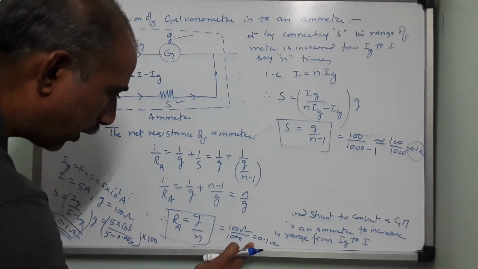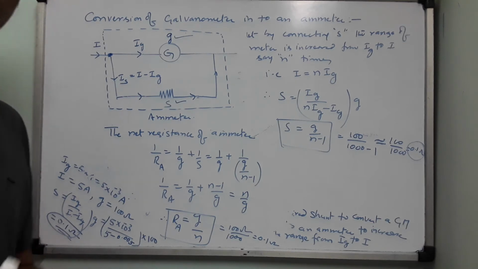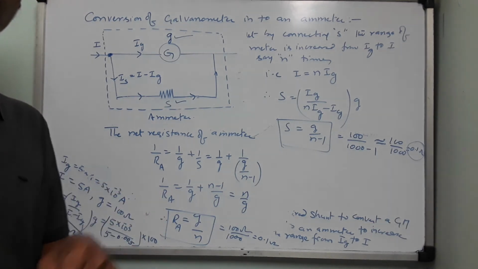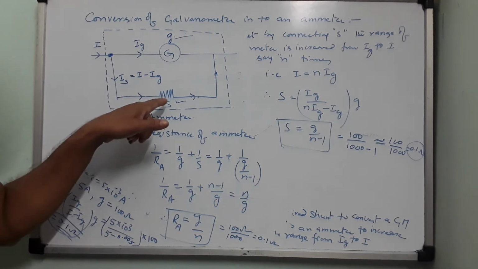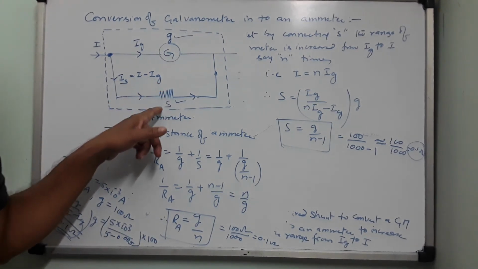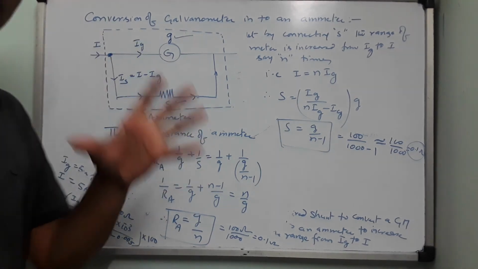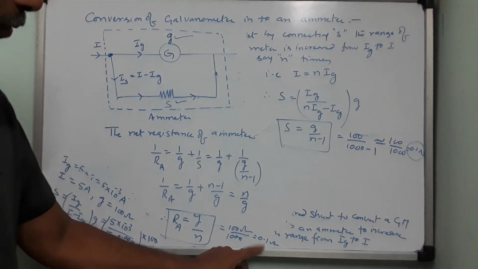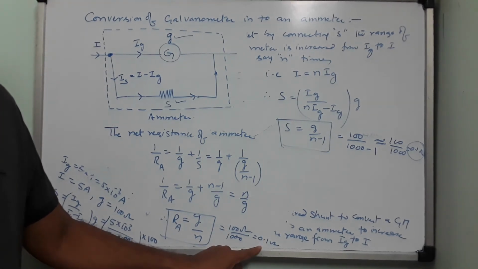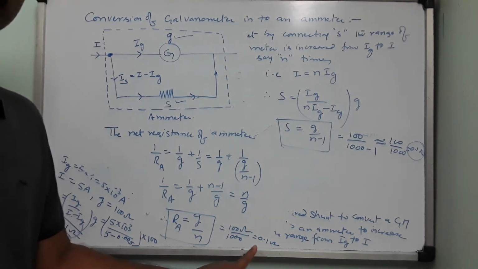So you have a galvanometer of 100 ohm resistance. You connected an approximately 0.1 ohm shunt resistance in parallel. Now you are going to get an ammeter resistance which will be less than 0.1 ohm. Some 0.99 or 98 something you will get here.